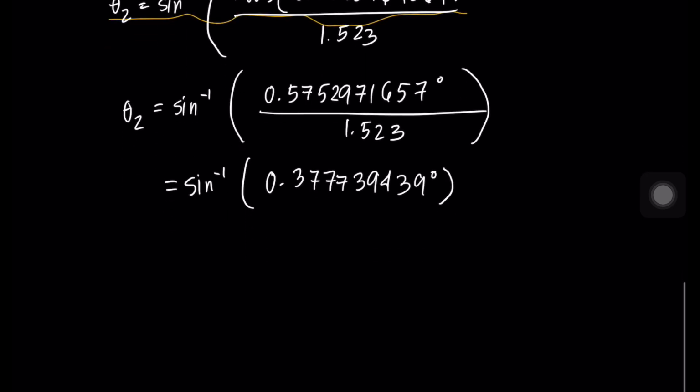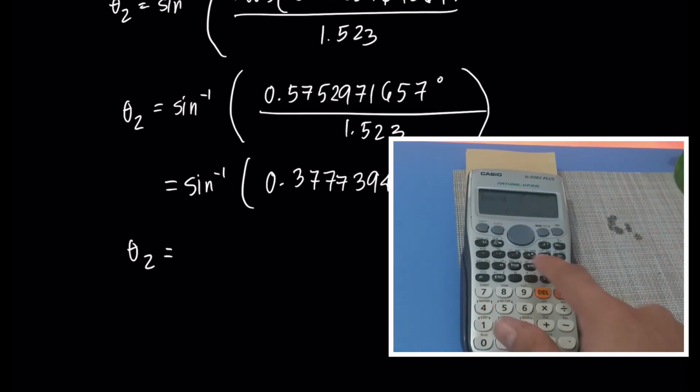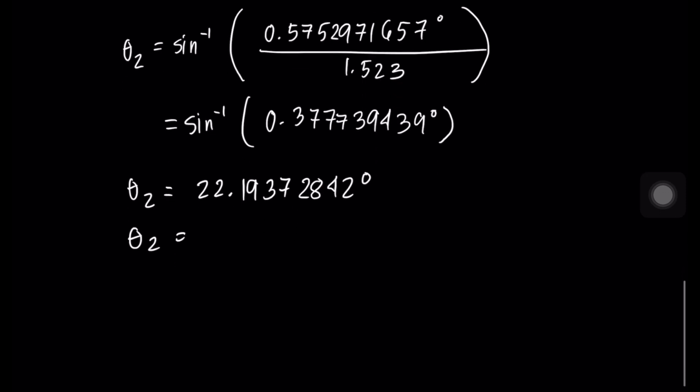And then afterwards, in your calculator, you simply click shift sine and then you hit equals. After that, you have here the figure 22.1937242 degrees, or simply theta sub 2 would equal 22.19 degrees. So this will now be the value of our theta sub 2.